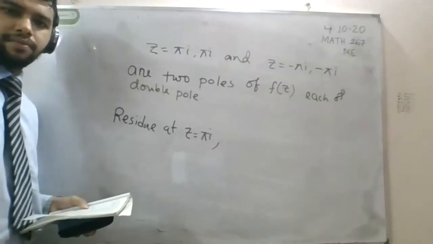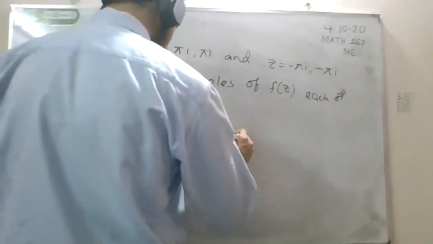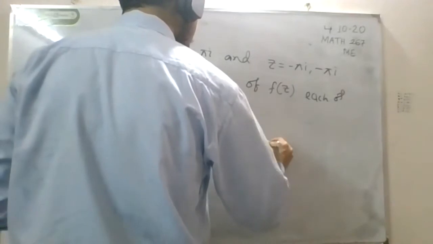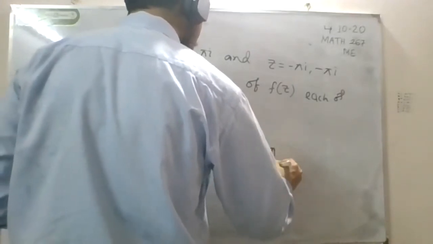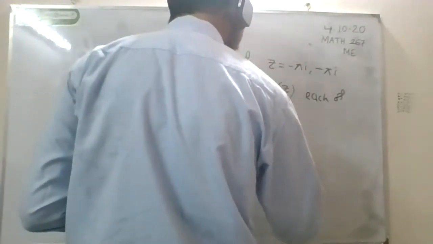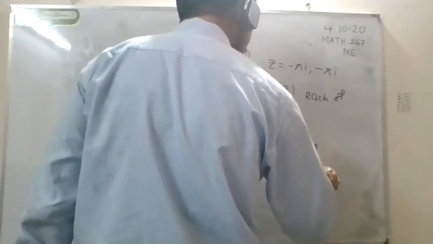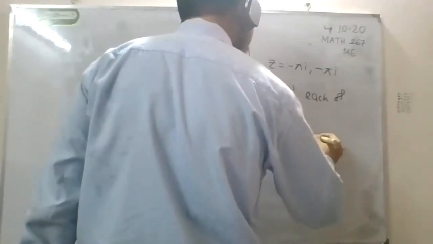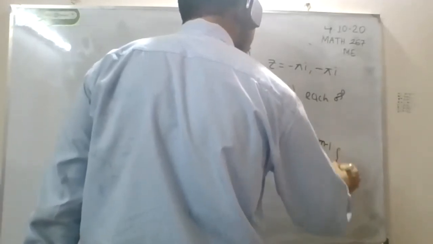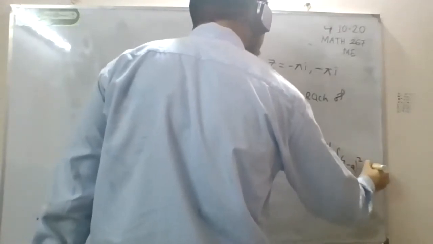Sir, can you say the double pole formula briefly? Okay. So this is first, you can say limit z tends to a, and also 1 by factorial m minus 1, also d to the power m minus 1 by dz to the power m minus 1, and then z minus a whole square into f z.